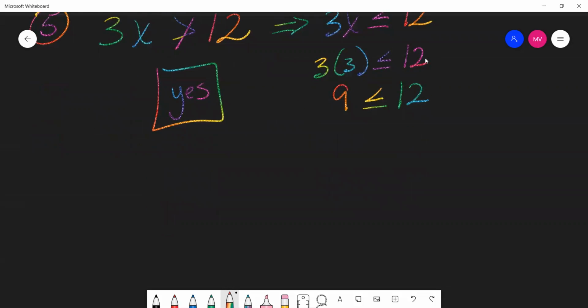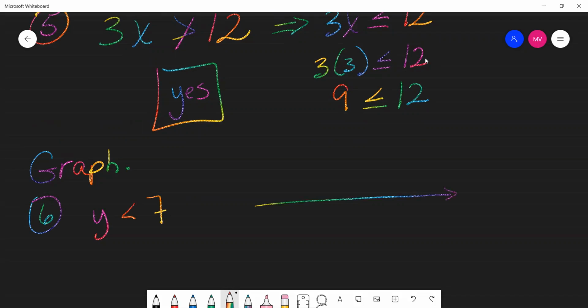All right. So for numbers 6 through 10, we're going to graph an inequality on a number line. Number 6 is y is less than 7. So create your number line. I don't like to have them too complicated.